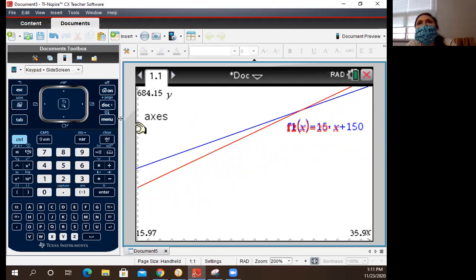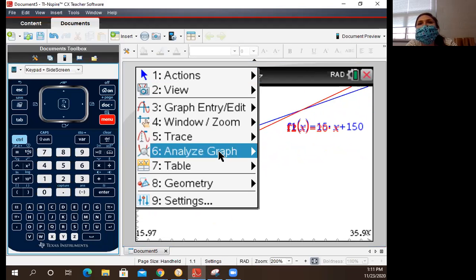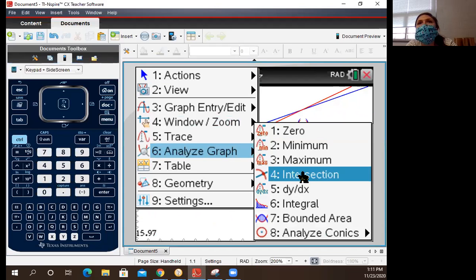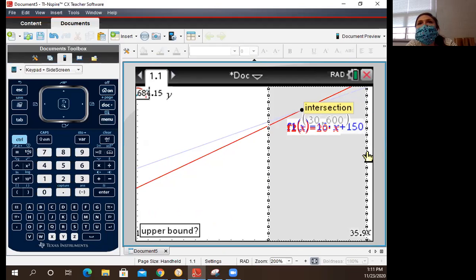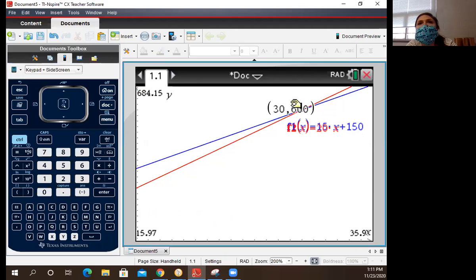And then just like I did before, menu, analyze graph, intersection, click on either side of where that point should be. And let's just move that label up there so we can see it. So 30, 600 is my point of intersection. I'm going to jot that down. 30, 600.